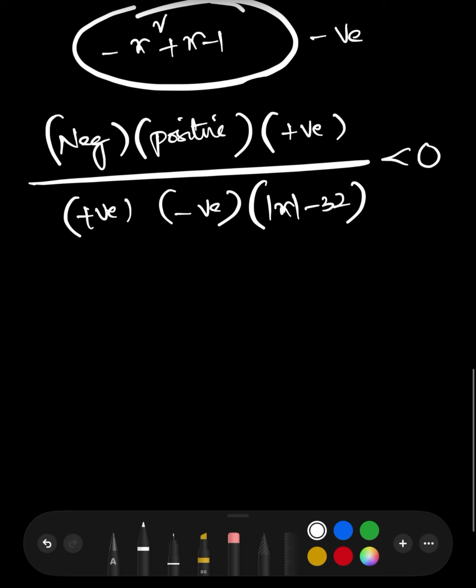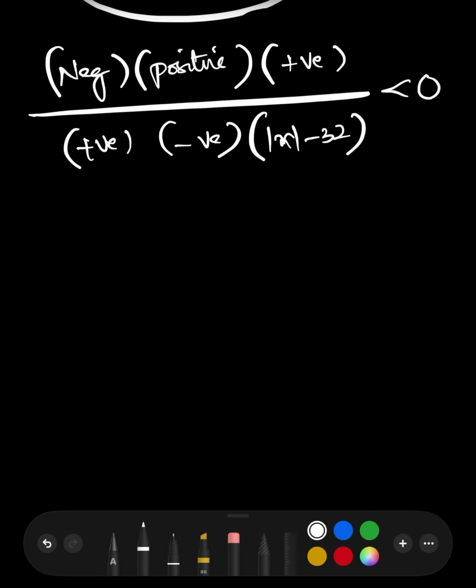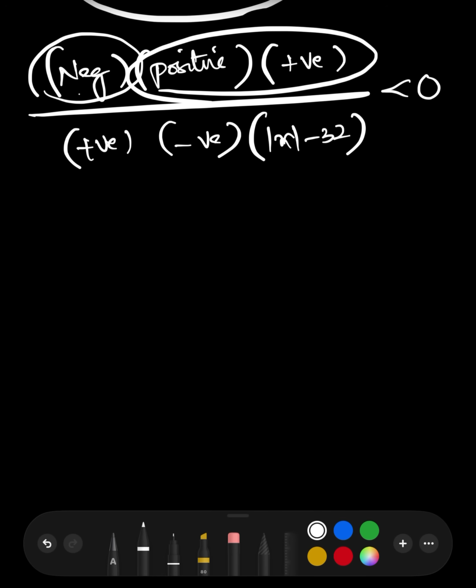Positive times positive is positive only, so the numerator is negative, and the denominator is also negative. Negative upon negative is positive, then we just want |x| minus 32.